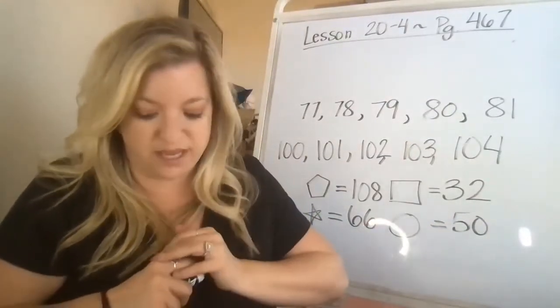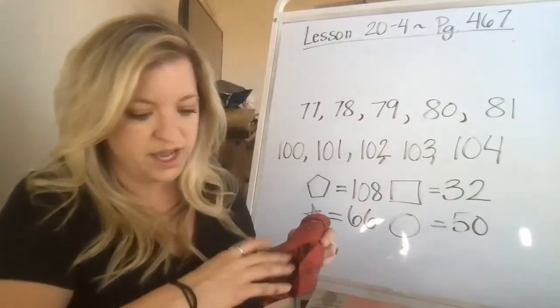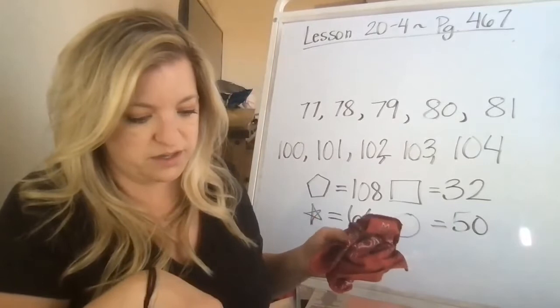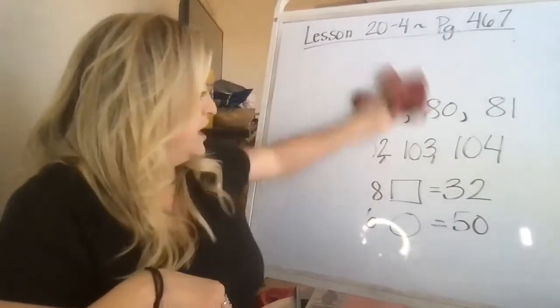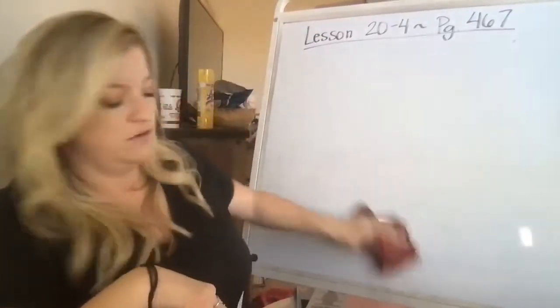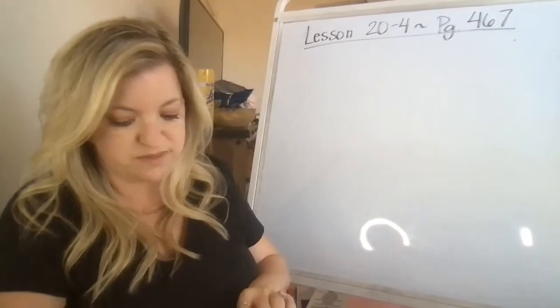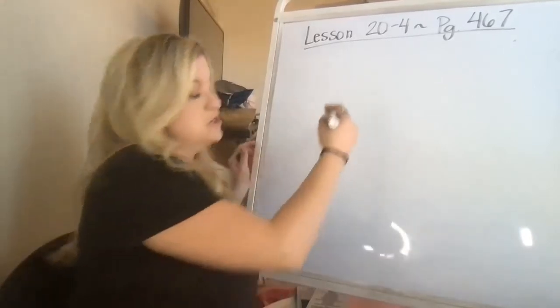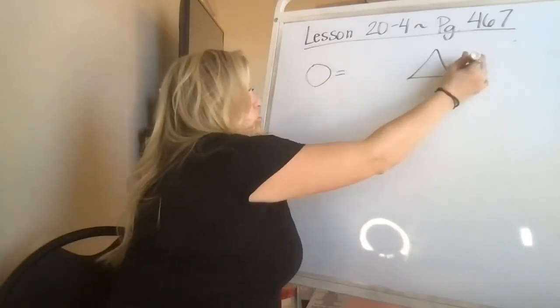All right, on page 469, we are doing the example, and it walks you through what the missing star is. The star is number 85, so hopefully you can see why it's 85. Now it wants us to write the missing number for each shape in this chart, and it has a circle and it has a triangle.